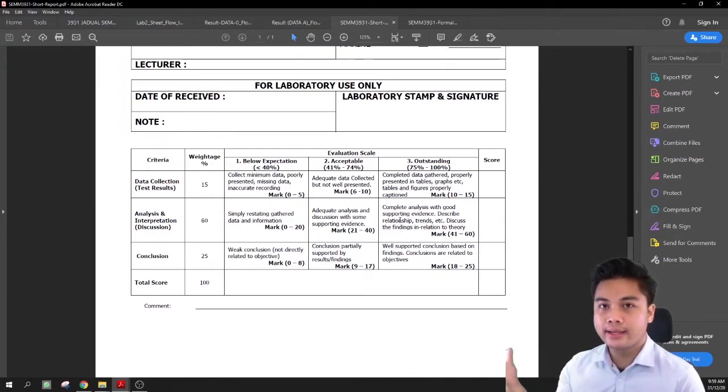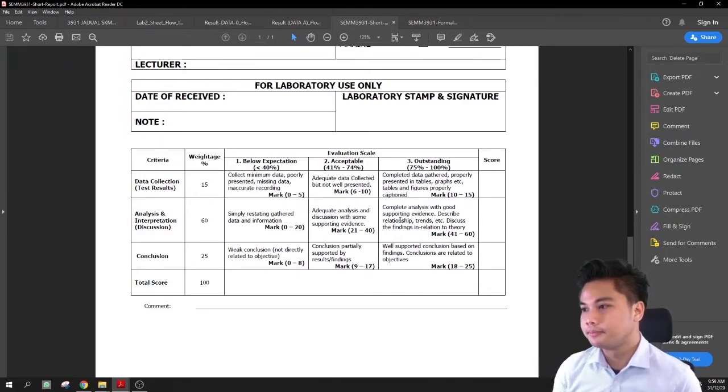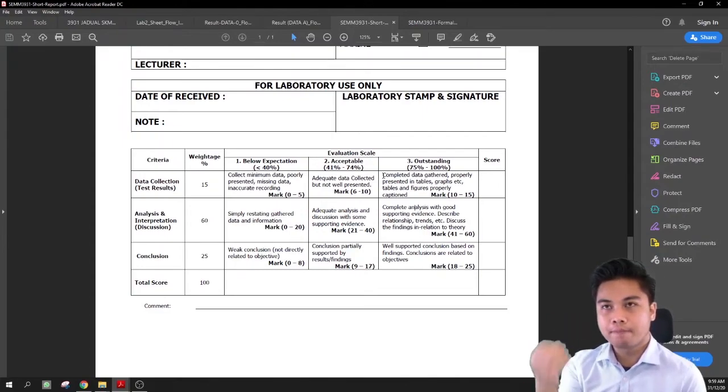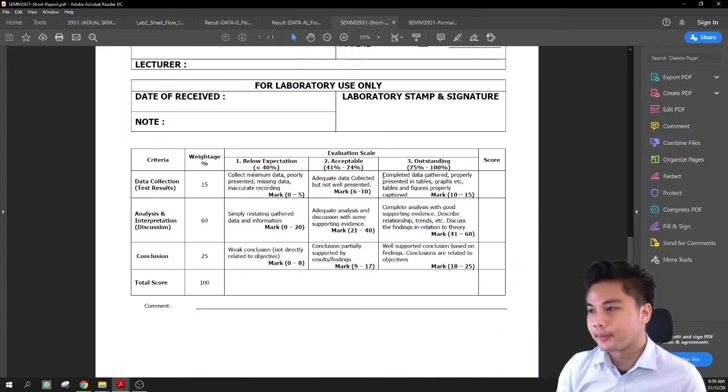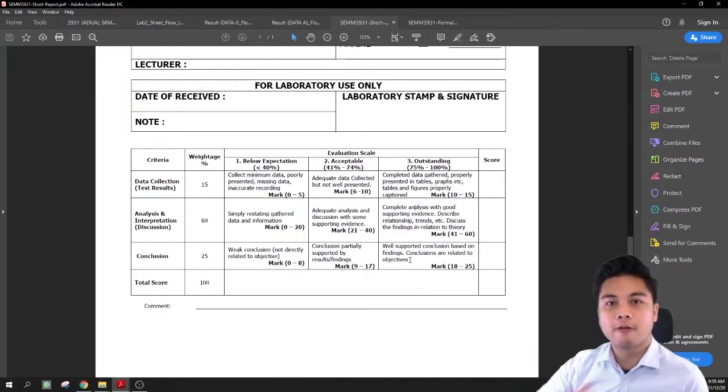Please support it with literature, any researcher or scientist who mentions the same as your experiment findings. Discuss the findings in relation to theory. For data collection, we give you the raw data and then you need to calculate and put it inside the table columns. Make sure your conclusion is well-supported based on the findings, and that it relates back to the objective of the experiment.